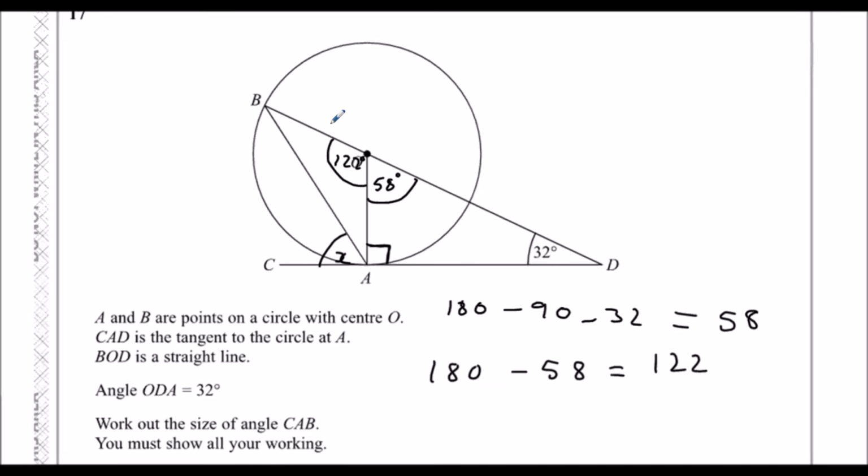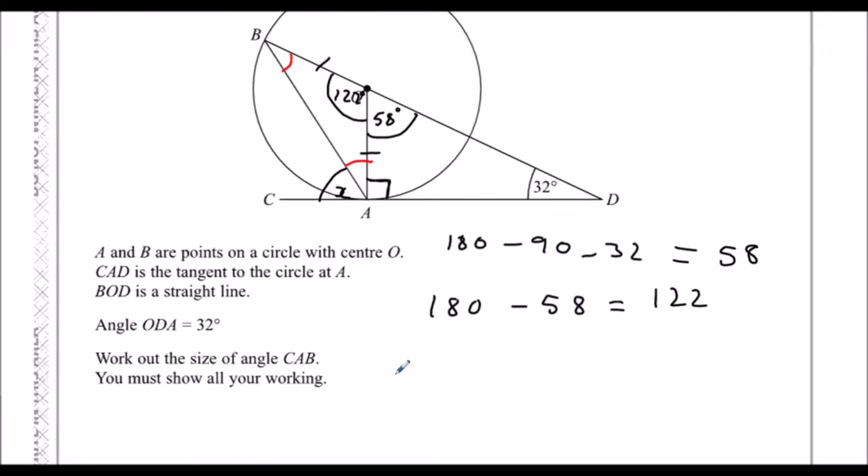Then we've got two radiuses here. B to O is a radius. O to A is a radius. So that gives us an isosceles triangle. Two lengths are the same. So the angles at the base of an isosceles triangle, these two angles must be equal.